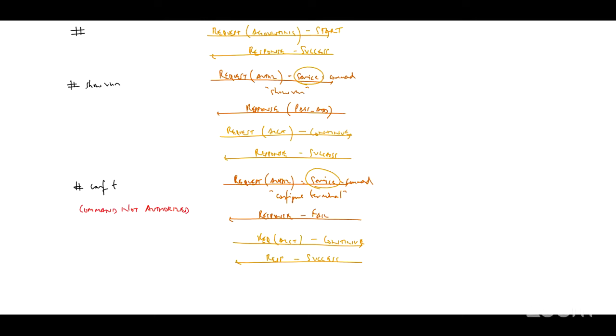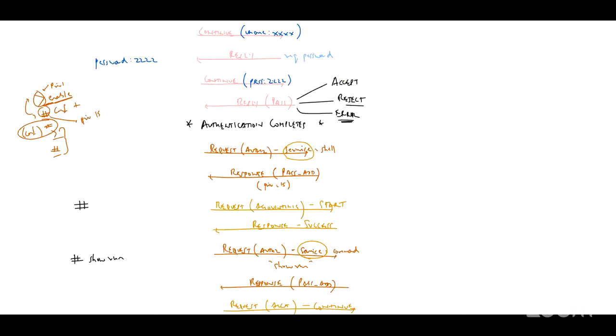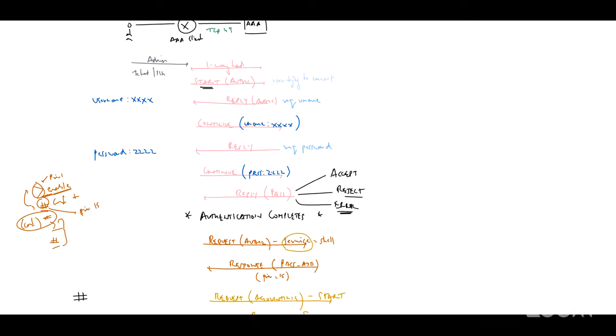So the nature of Tacacs Plus is this. That's why it's very granular in nature. Per command authorization can be implemented with Tacacs Plus. That's the power of Tacacs Plus, basically. And you're also going to notice that the authentication and authorization are separated.